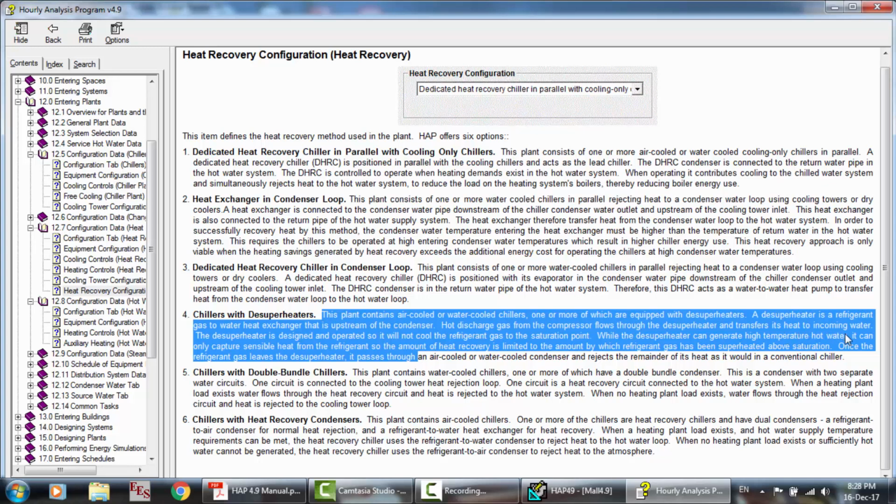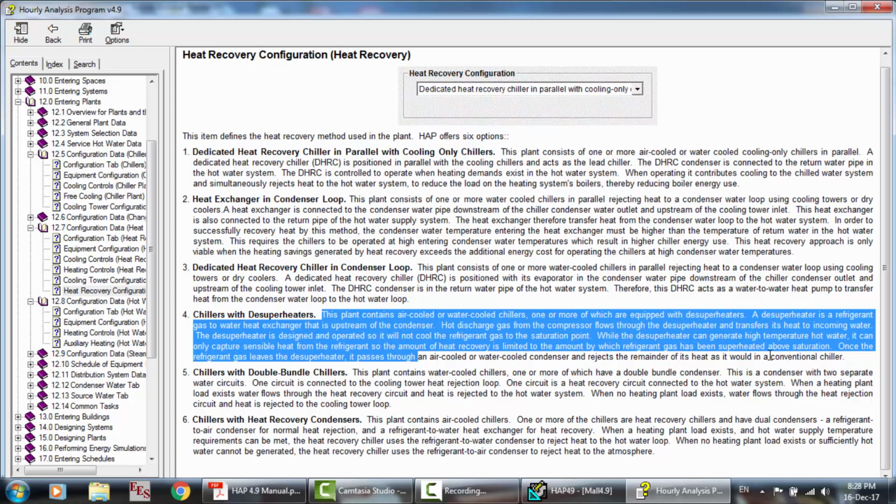The superheater is designed and operated so it will not cool the refrigerant gas to the saturation point. While this superheater can generate high temperature hot water, it can only capture sensible heat from the refrigerant, so the amount of heat recovery is limited to the amount by which the refrigerant gas has been superheated above saturation.